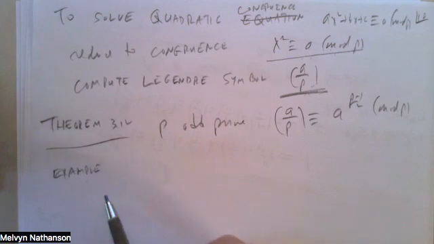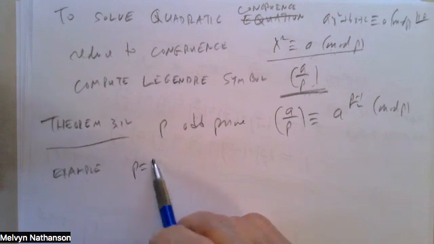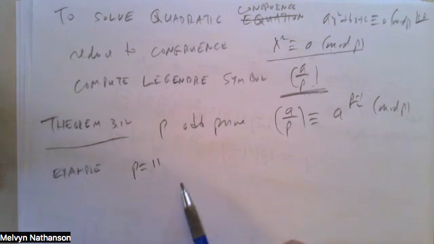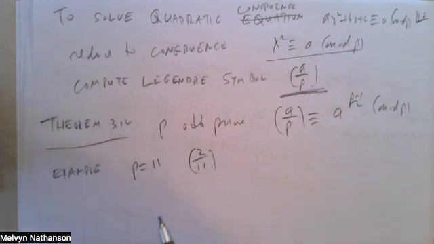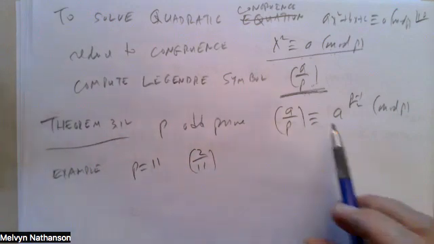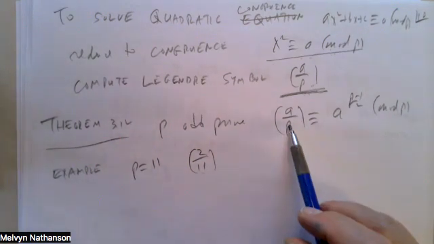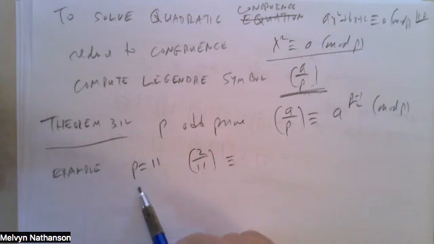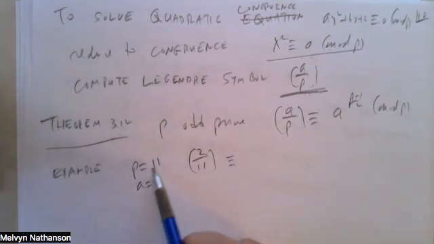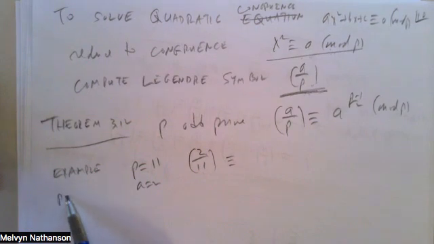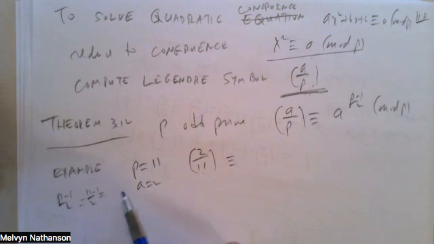Suppose I take P equal to 11, and I want to calculate the Legendre symbol 2 over 11. So the theorem says that 2 over 11 is, so here A is equal to 2, and if P is 11, P minus 1 over 2 is 11 minus 1 over 2.